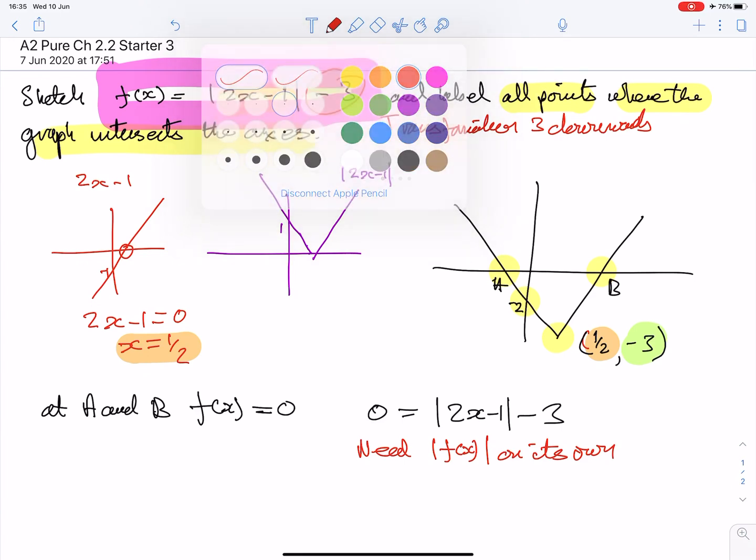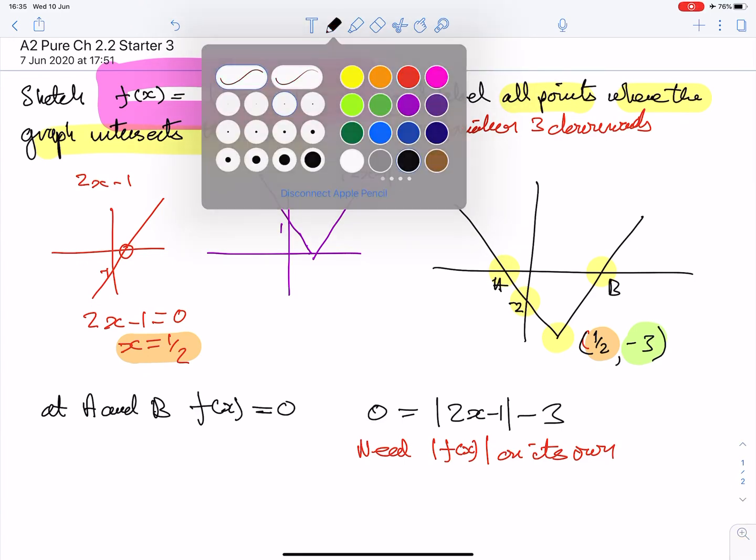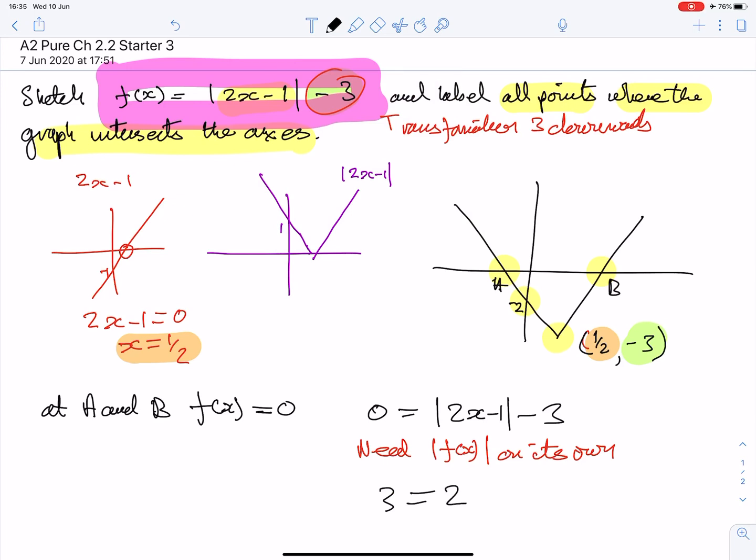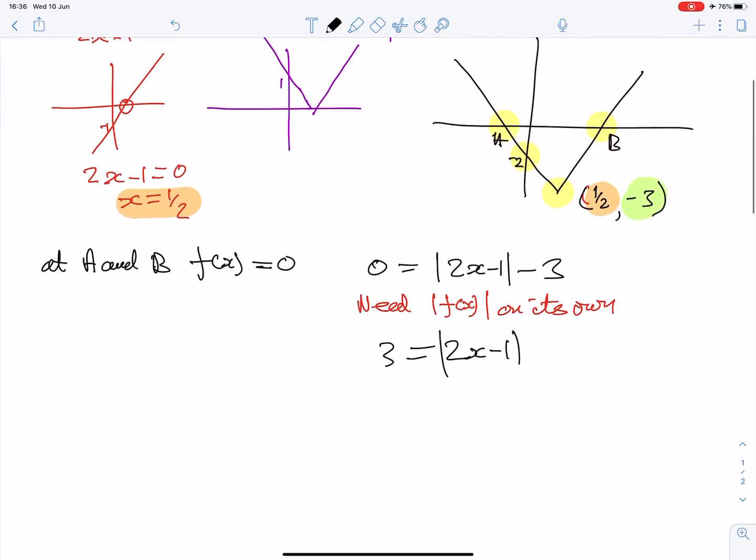So we add the 3 across. So 3 equals the modulus of 2x minus 1. If you're getting used to these, we could draw that out if necessary. But hopefully you can say, well, one solution happens when 3 is equal to 2x minus 1. So we get 4 equals 2x, x equals 2. Or 3 is equal to the reflection of this.